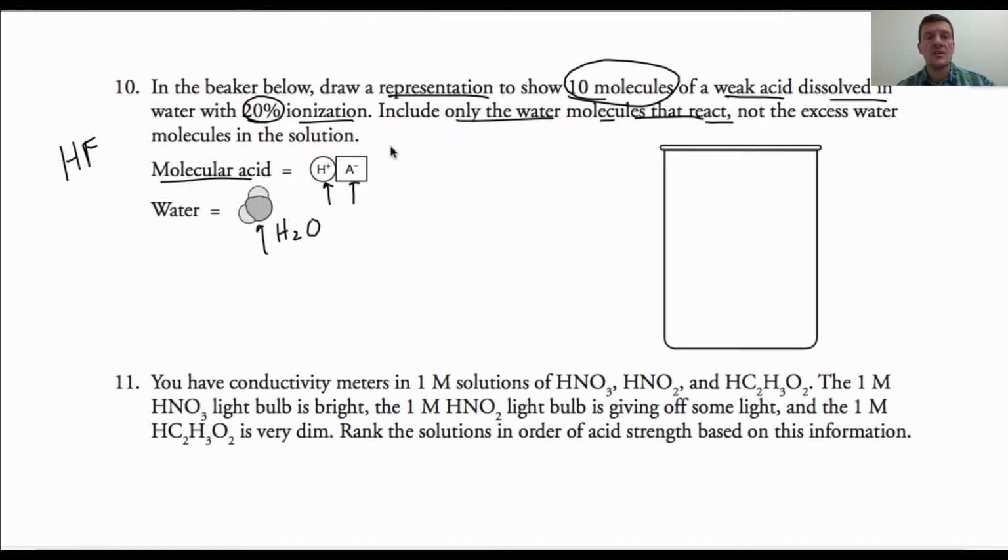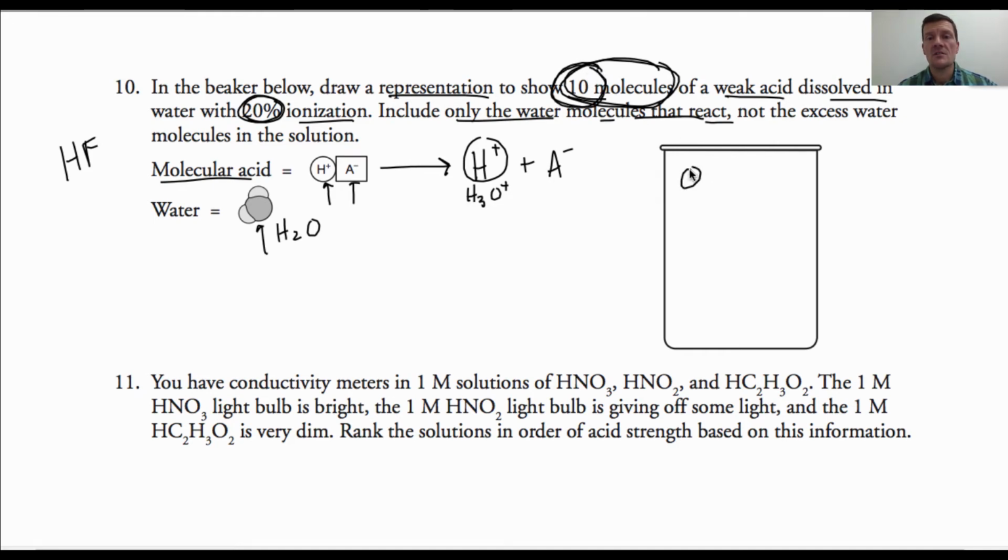We're going to take 10 of these, but only 20% of them are going to ionize, meaning that if they do ionize, you're going to create H plus and the A negative. Or specifically, this H plus probably is going to then join with water to make your hydronium, right? If you have 20% of them, that means 2. Only 2 of these 10 are going to break apart.